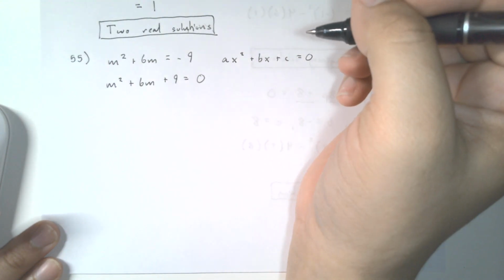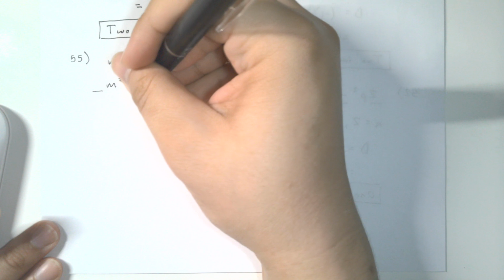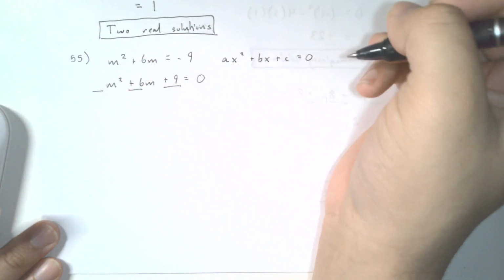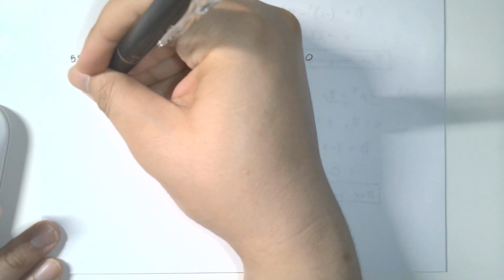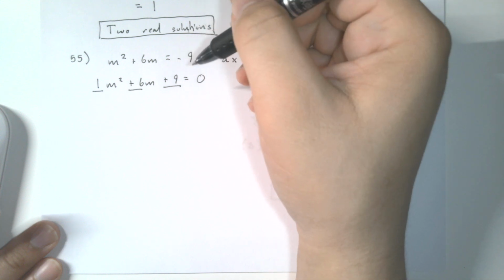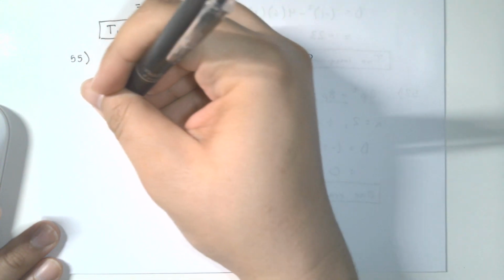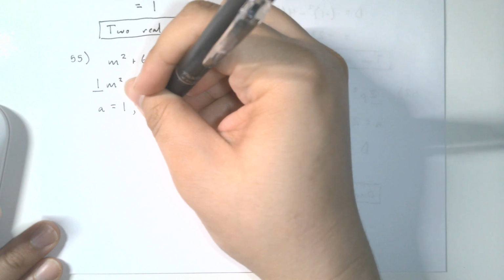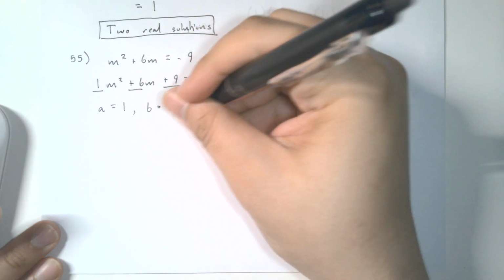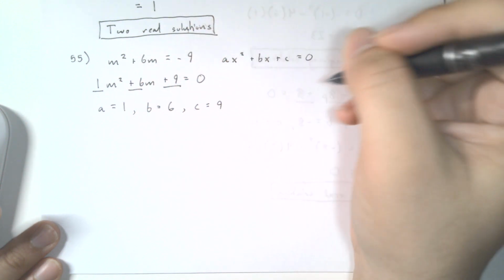Now we can analyze our discriminant by checking what a, b, and c are. So an implicit 1 in front of the m here, and a 6 and a 9, so we have a is equal to 1, b is equal to 6, and c is equal to 9.